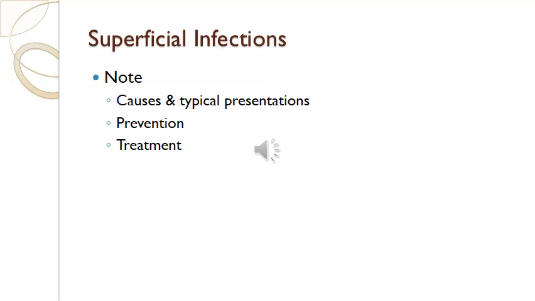With any type of superficial skin infection, and we're going beyond wounds here, we're going to look at fungal and viral infections. You have to note obviously what the cause is in determining what type of medication will be used to apply to it, and also consider the typical presentations. This could help in identifying a lot of different types of superficial skin infections. And again, prevention and treatment are important.